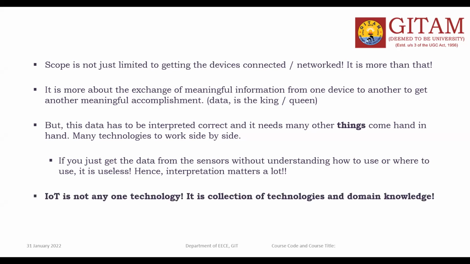IoT is not only one technology, it is a collection of technologies and domain knowledge. I told you, if you take an online retail system, Amazon or Flipkart has one kind of application interface. But this website is connected with n number of websites. If it is gadgets, Sony, Philips; if it is clothes, different kinds of brands.